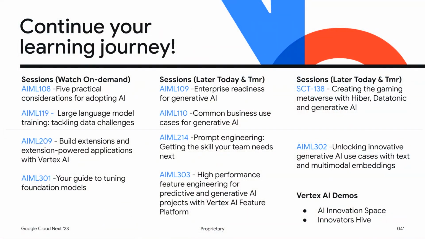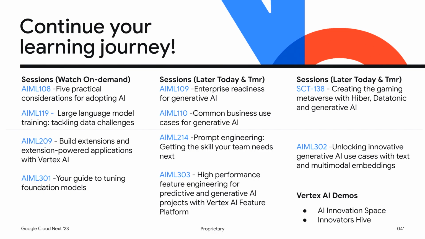Some suggestions: we laid out a map here. This was meant as a broader, high-level framework. In the first column in gray were a lot of sessions that either happened yesterday or in the early 8 a.m. slot. These will all be available for you to watch on demand. But what can you do later today and tomorrow?